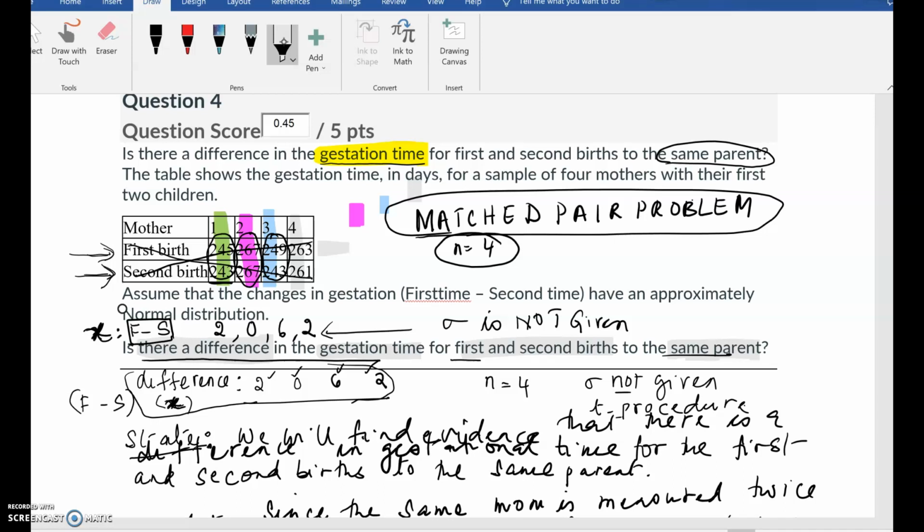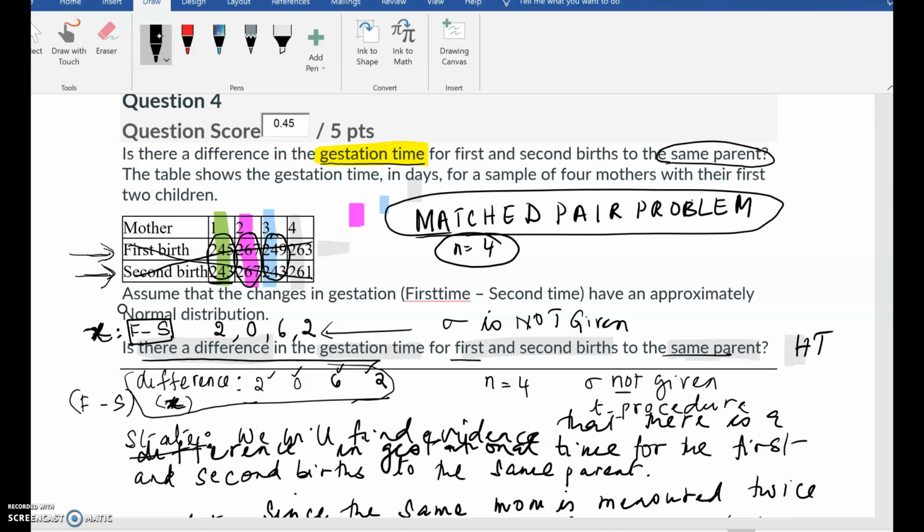A confidence interval is a range of values that estimates the mean difference. So here we are not estimating or finding the mean difference. We are trying to prove that there is a difference. It's a proof. Is there a difference? You're going to answer with a yes or a no, backed up with evidence, which is your p-value. So it's a hypothesis test.